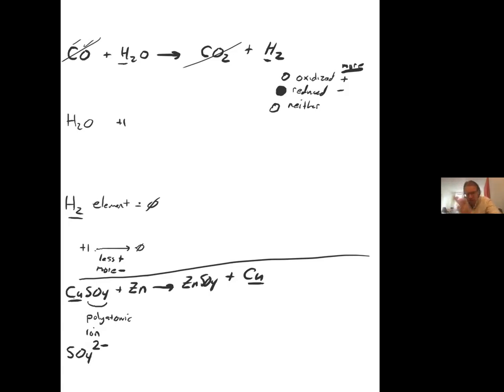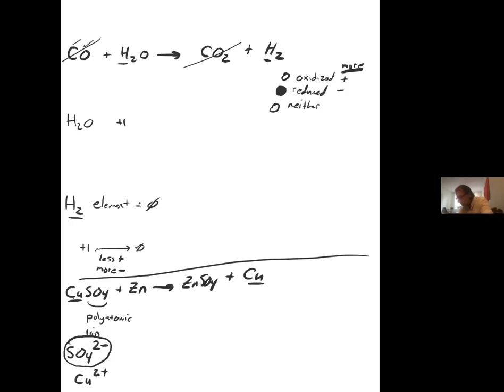It's uncharged, so it's got to add up to 0. So the copper and the sulfate have to add up to 0. So if the sulfate is -2, that means the copper's got to be +2. Right? So really all you're doing with the ionic compounds is somewhat easy because you just have to remember what the negative charge is and then the positive's got to be the opposite of that. So that means copper's +2.